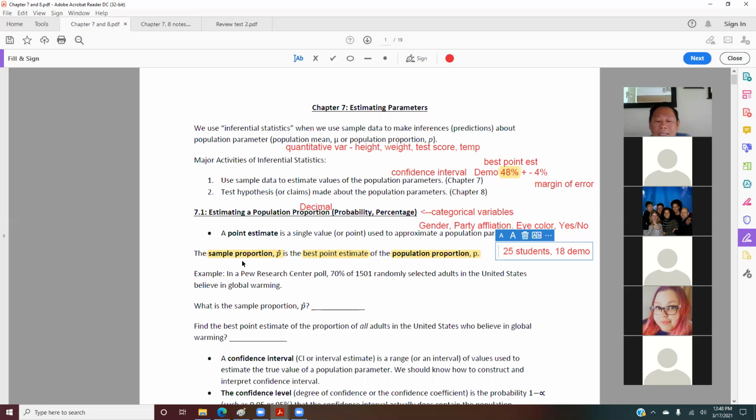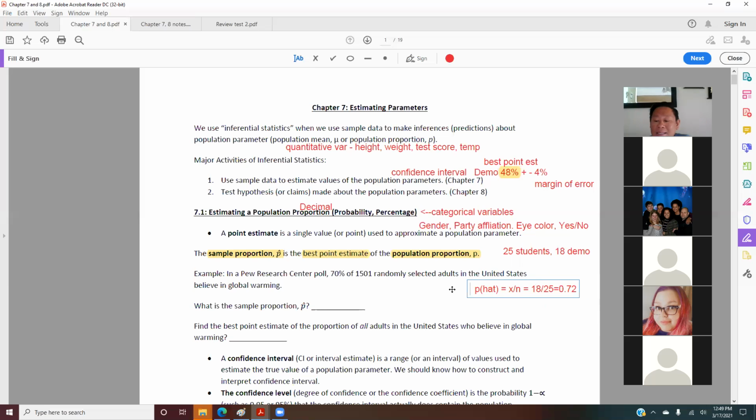So how do you find this sample proportion? In order for us to find this p-hat, the sample proportion, you just take x over n. What is x? X is the number of students who are Democrat, which is 18, out of 25. If you use your calculator, 18 over 25 is 0.72.